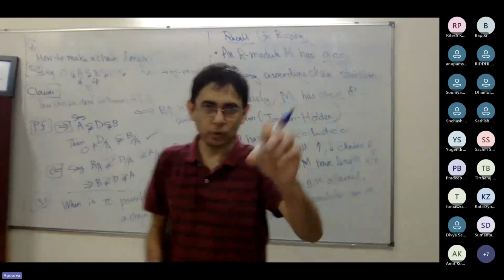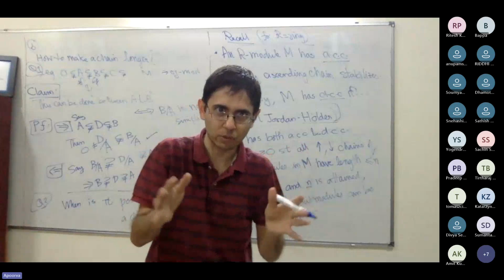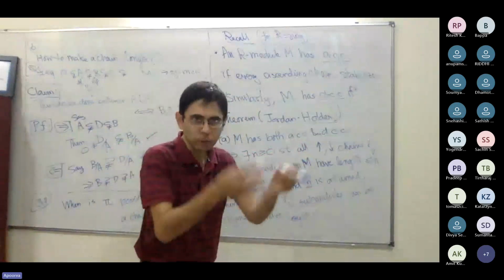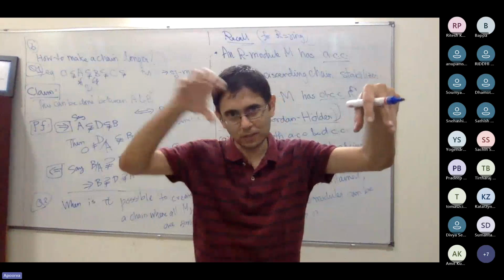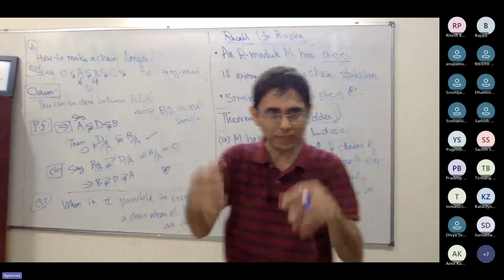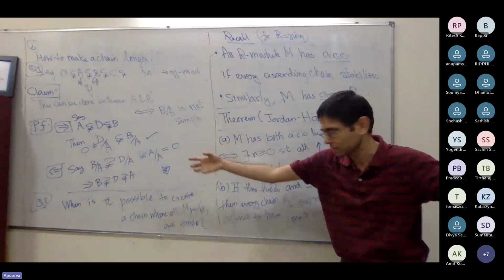The zero module is just 0, and M_0 and M are the same, so there are no subquotients. So the length is 0. For a simple module, the length is 1 because M_0 is 0 and M_1 is M. So there is 1 subquotient, and the length is 1. So by length, I mean the number of subquotients. So there are n plus 1 terms.